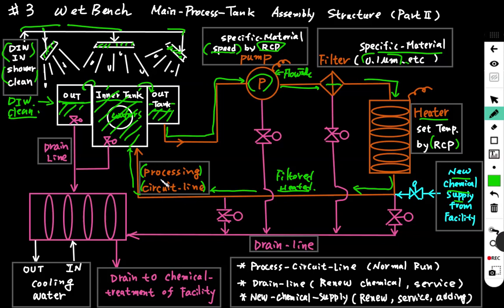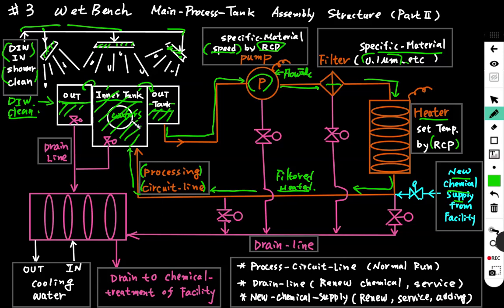This is what we call the processing circle line, because the chemical has a chemical reaction with the wafer.